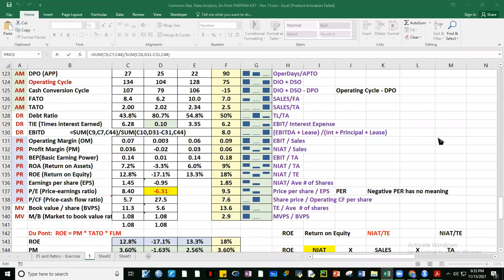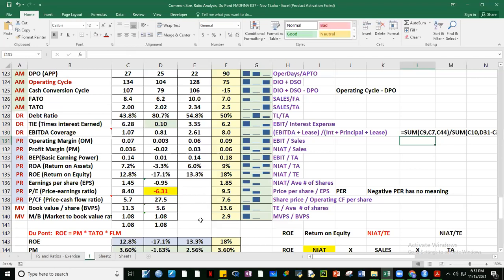Paki-chat na lang guys kung nakuha yung formula ng debt ratio, times interest earned, and EBITDA coverage. Okay, let me write the formula here. EBITDA coverage ito. Ito yung EBITDA coverage.